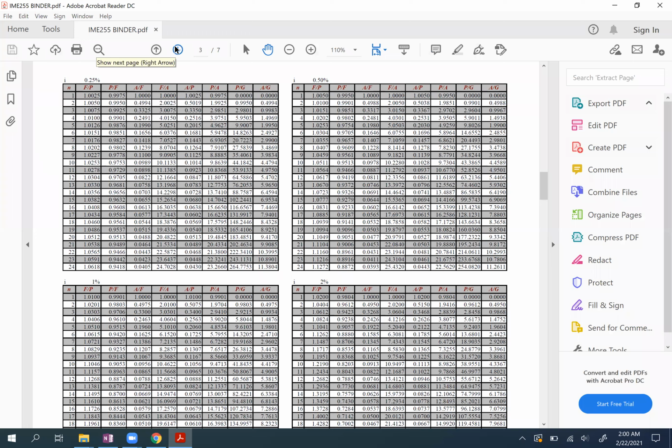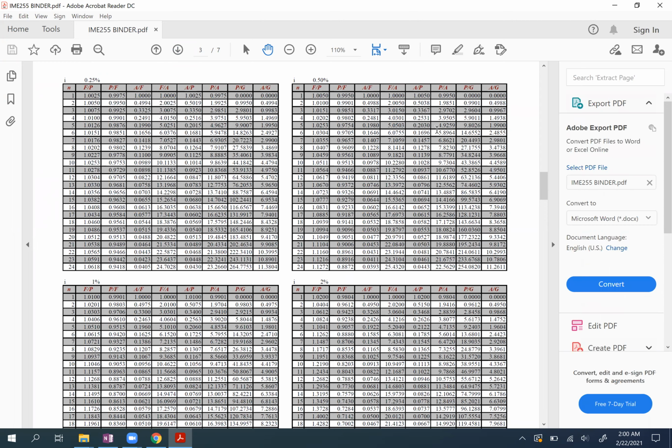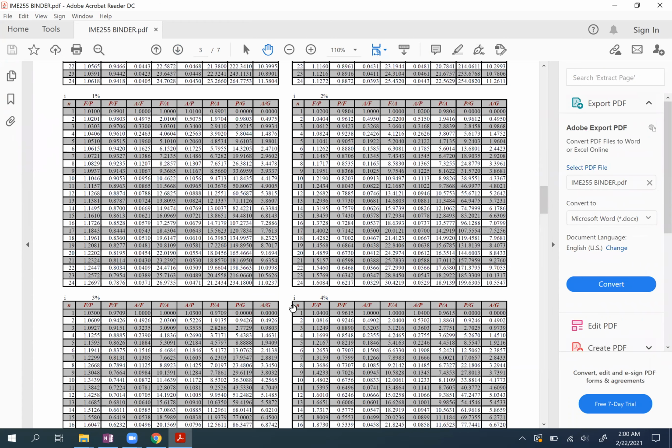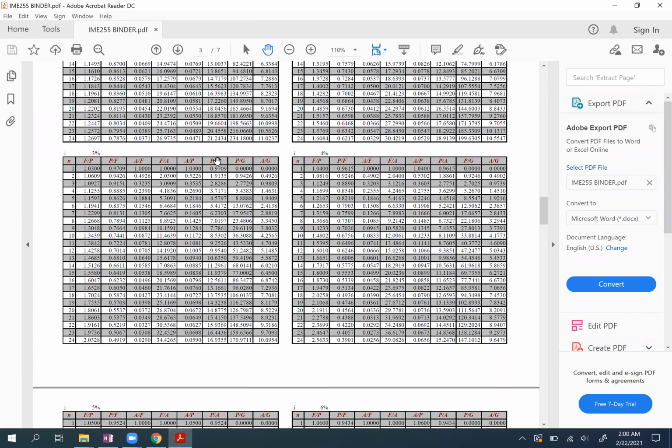So we said P given A when N is equal to 5. For example, when I is 0.5%, the value is 4.9. I want that number to be close to something like 4. Look at the P given A column here. When N is equal to 5, it seems that number is still 4.5. I want that number to be close to 4.